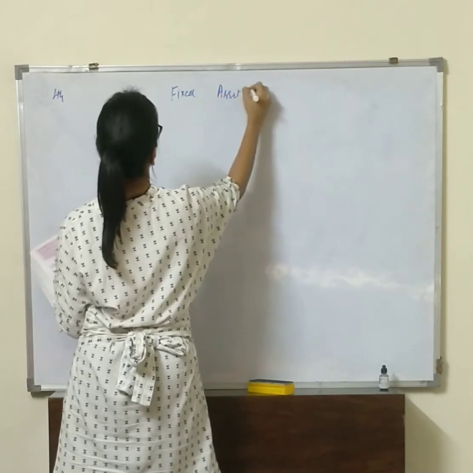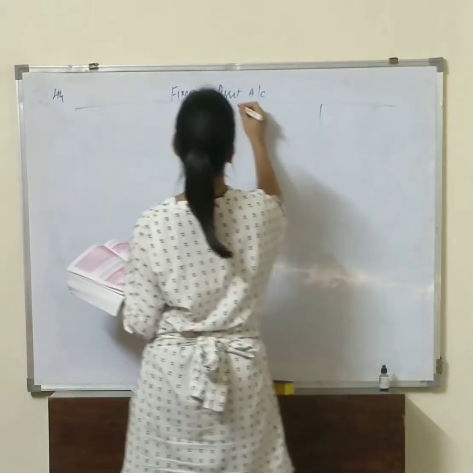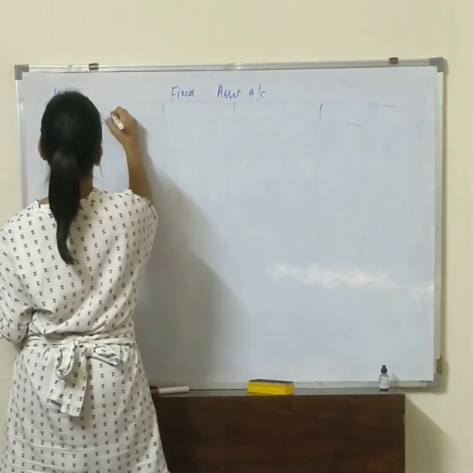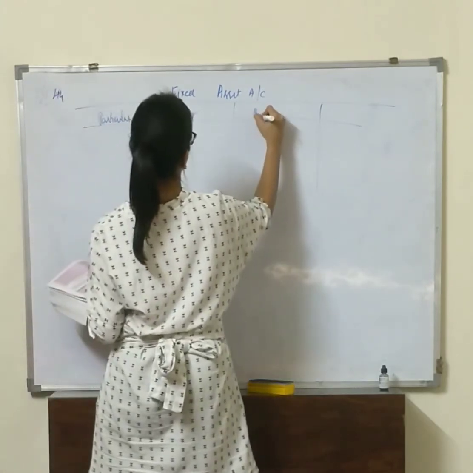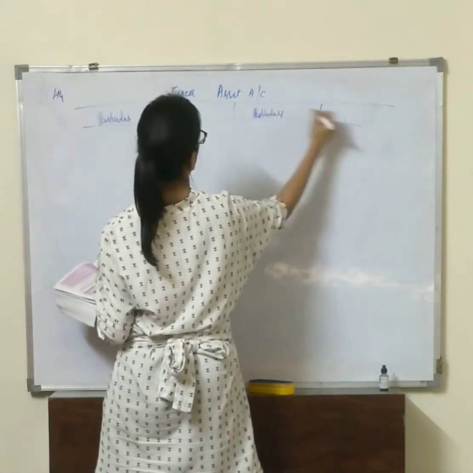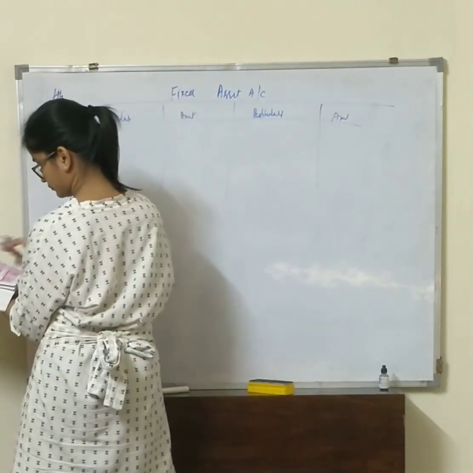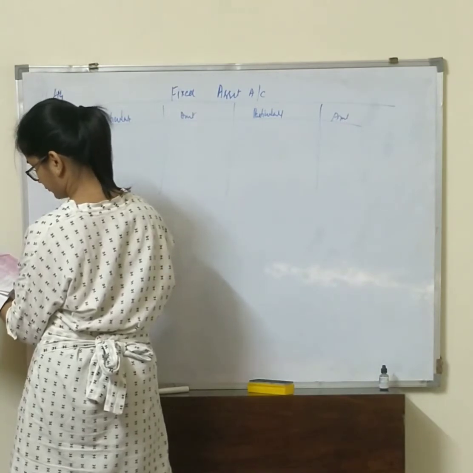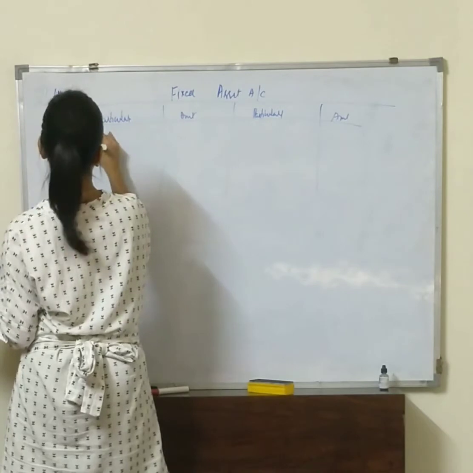Next we will prepare a fixed asset account. 4 columns: particulars, amount, particulars and amount. So first step is to bring down the balance.